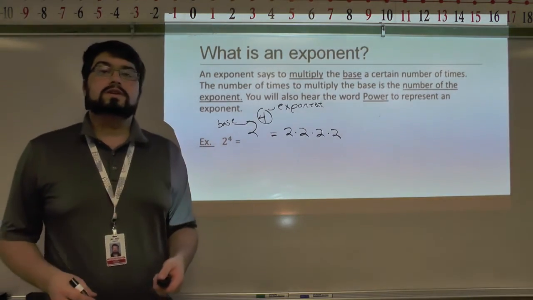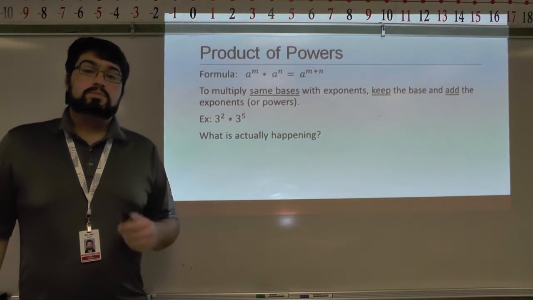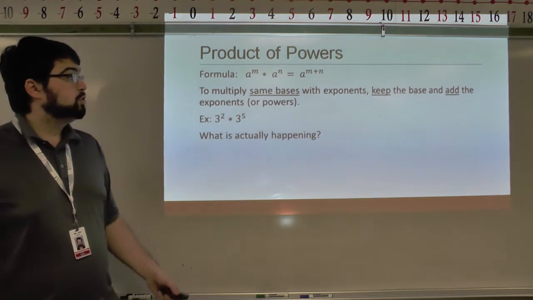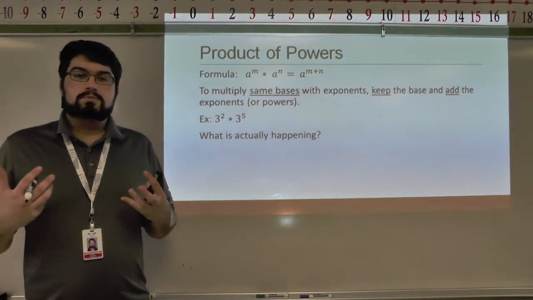Next, we're going to be going over the product of powers. The product of powers helps us to multiply things with the same bases and figure out what that exponent does.